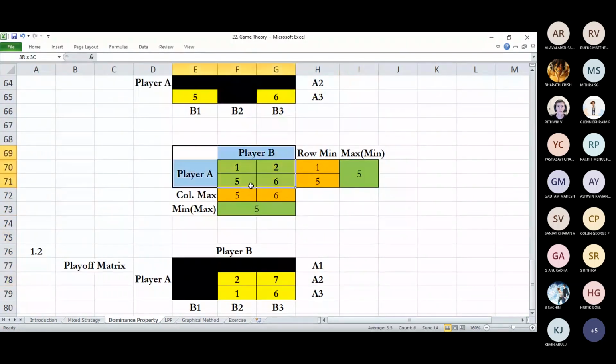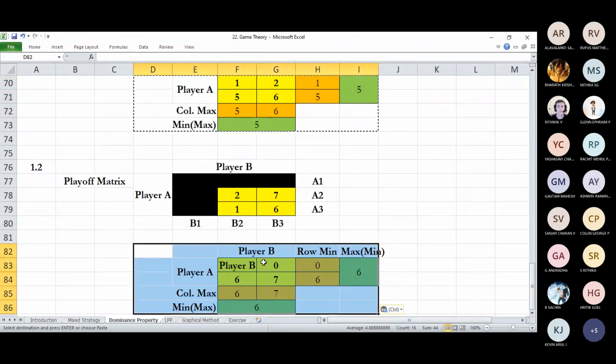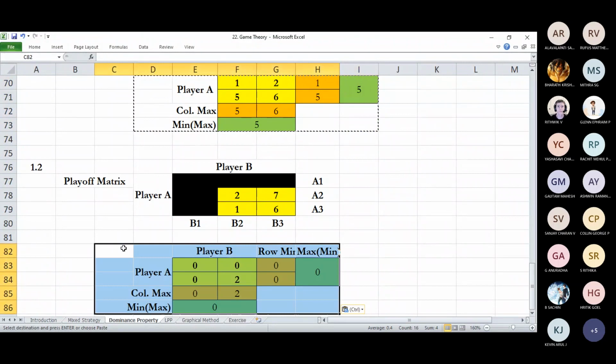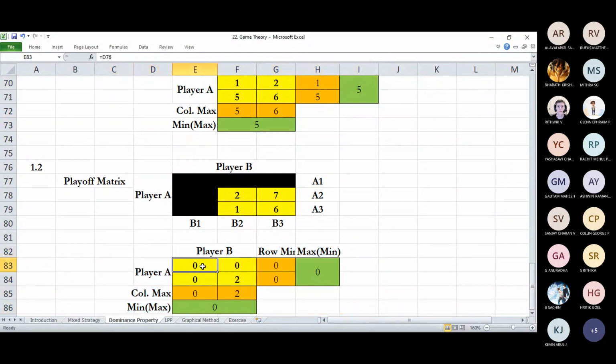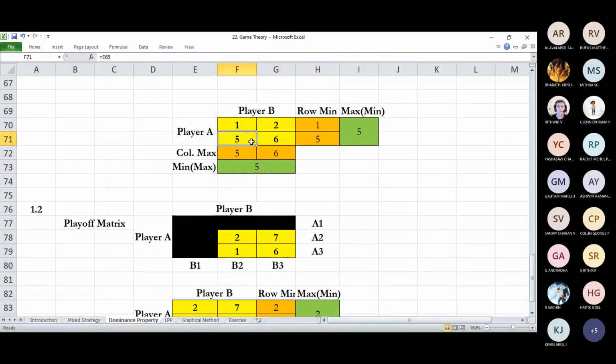Then I'll take a look at this: 2, 7, this being 1. And this is also a pure strategy. See, 2 by 2, and the value of this game is just 2. Whereas here the value of the game is 5, which is pretty high. So when you take this particular saddle point, which is pretty high, then this is really better than this one.